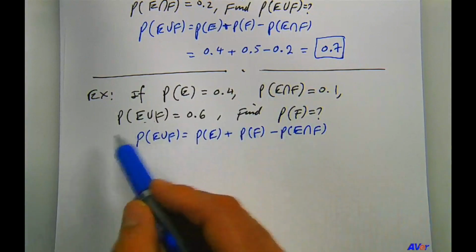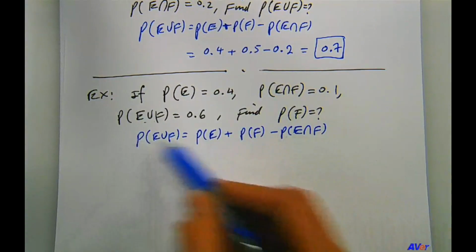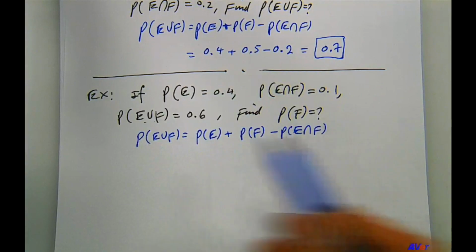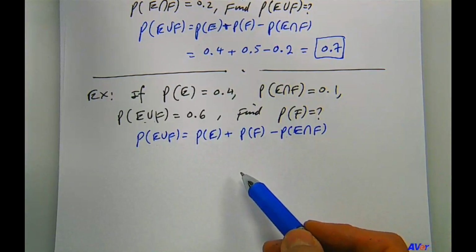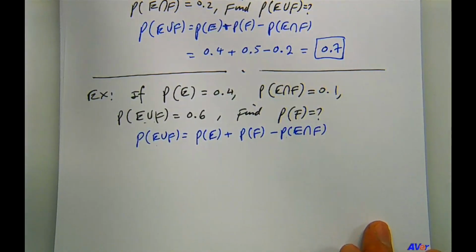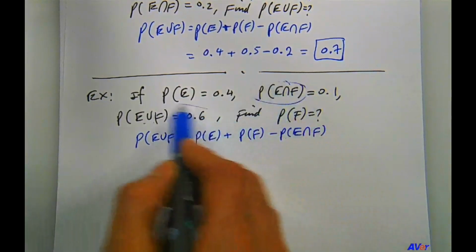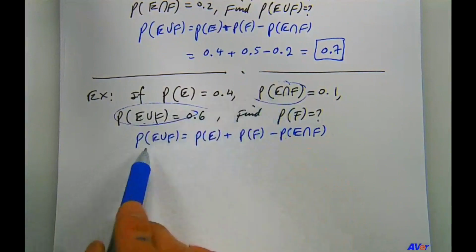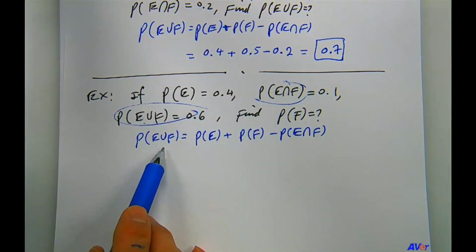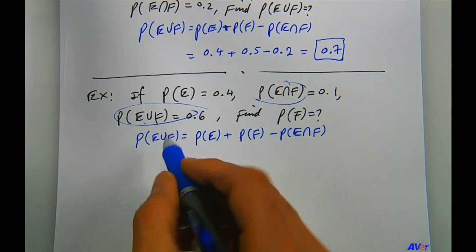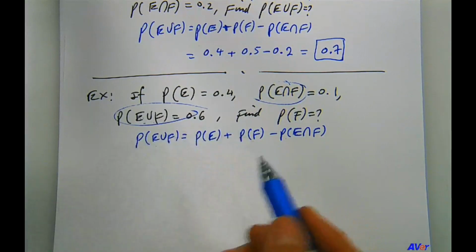You can move this term to the other side and make the coefficient positive, and so on. Once I see these two symbols in a problem, that tells me that I should use the additive rule. And then I'll plug in and see where that takes me.